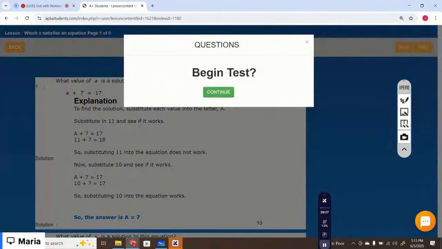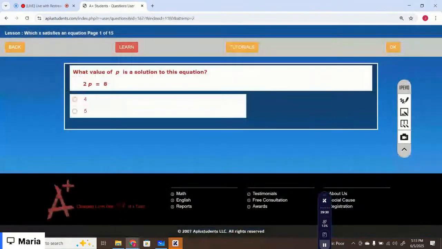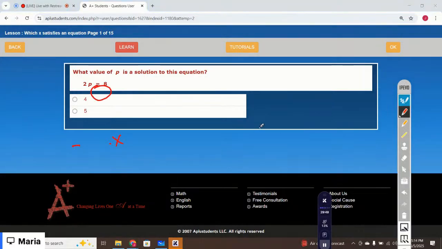Let's just start with the test questions. What value of p is a solution to this equation? We are given two values, 4 and 5. Let's check with the first value. Replace p with 4. 2 times 4 is 8, and 8 is equal to 8.